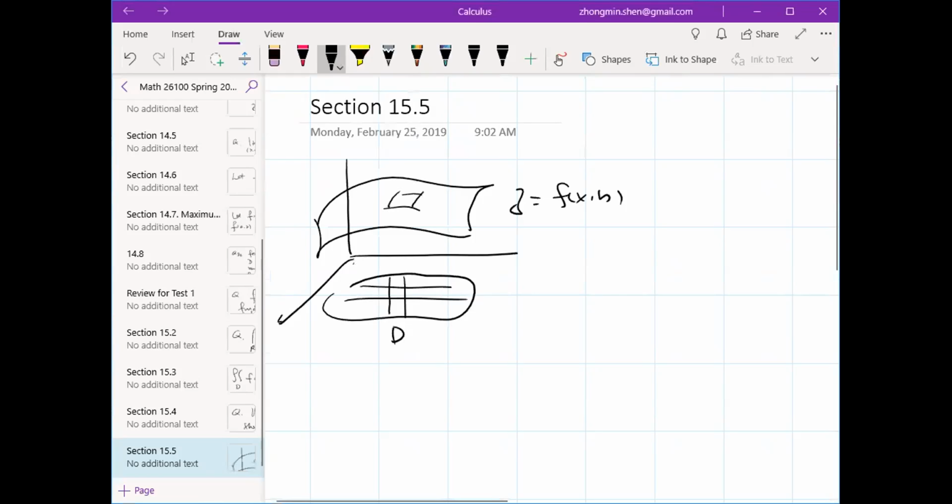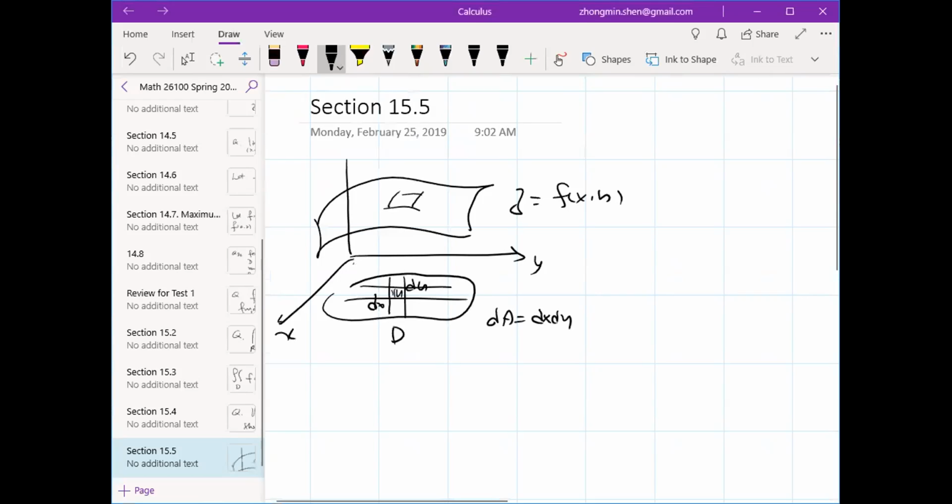This is the x-axis, y-axis, and the change in x will be dx, the change in y will be dy. So the tiny bit of area at the bottom is going to be dA. dA is going to be dx dy.